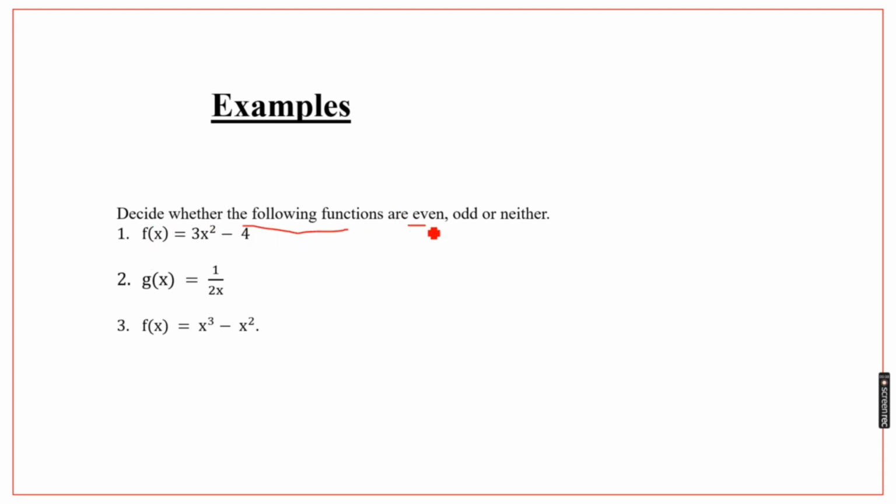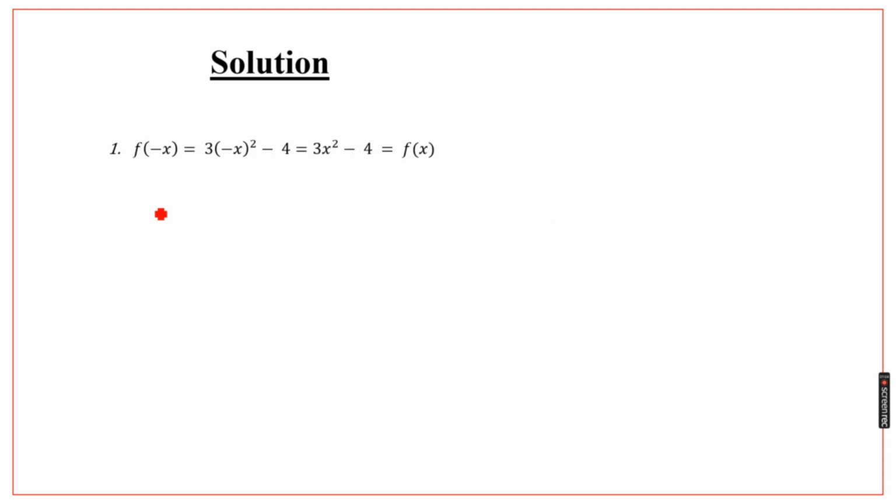So there is an example. Decide whether the following functions are even, odd, or neither. The first question: f of x equals x squared minus 4. To test whether the function is even, odd, or neither, we simply insert negative x in place of x and look at its output.